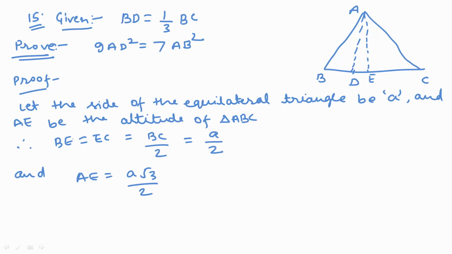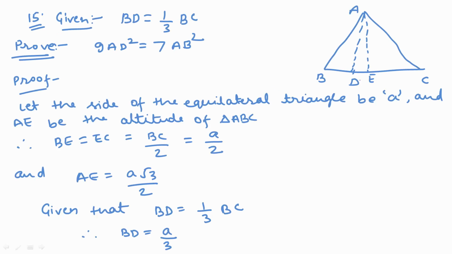But given that BD is equal to 1 by 3 BC, therefore BD is equal to A by 3.